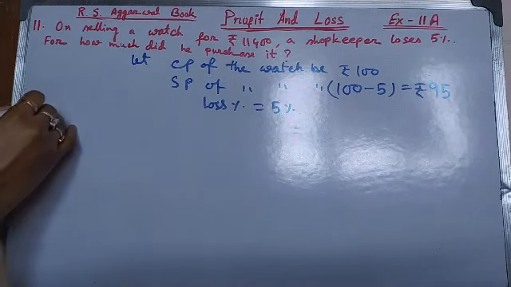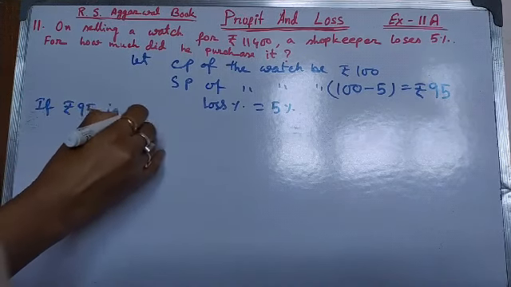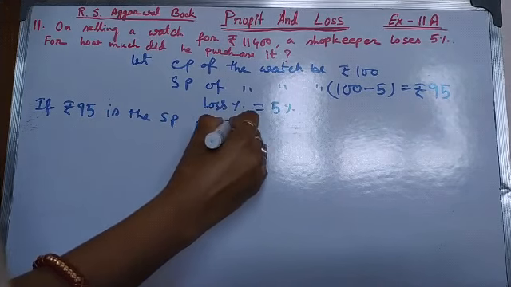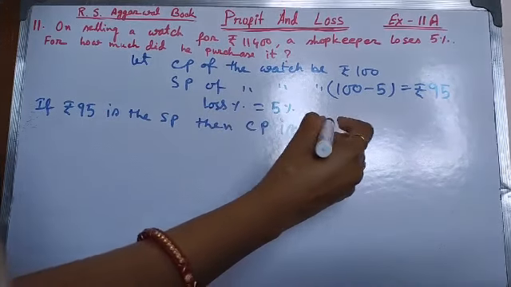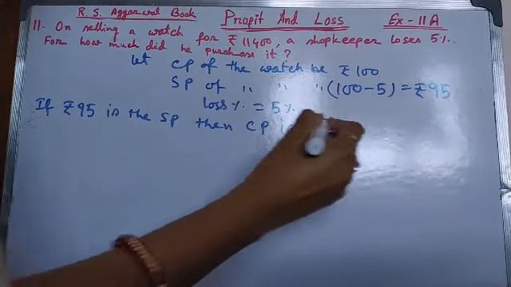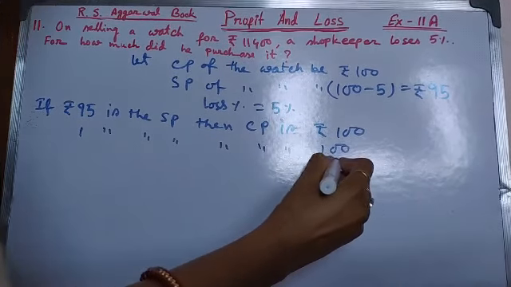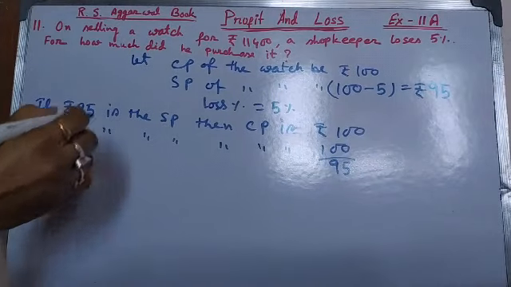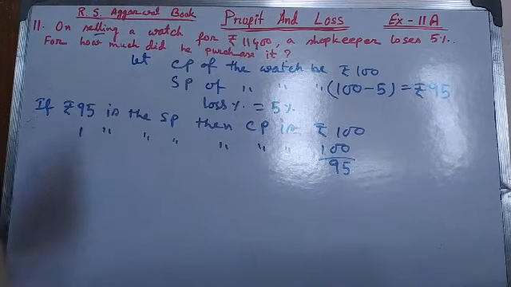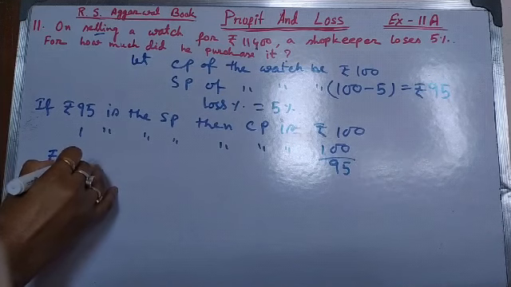So, if rupees 95 is the SP, then CP is rupees 100. Then in the question it is given selling price, so rupees 11,400.